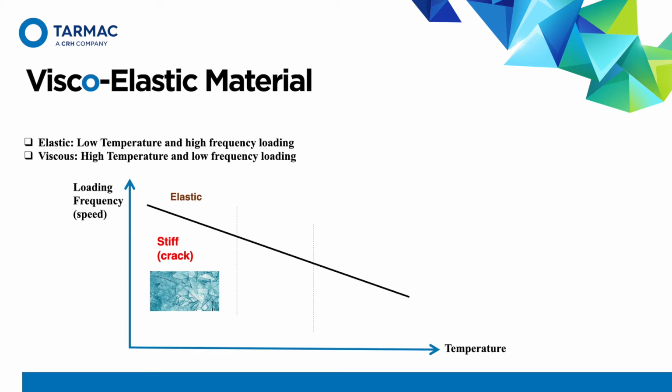On the other extreme, on the right hand, when the temperature is very high and the frequency of the loading or the speed is very low, the material becomes more viscous, which means that it is more susceptible to softening or rutting. Between the two extremes, the material is viscoelastic. So depending on the temperature and the loading frequency, the behavior changes between viscous, elastic and viscoelastic.